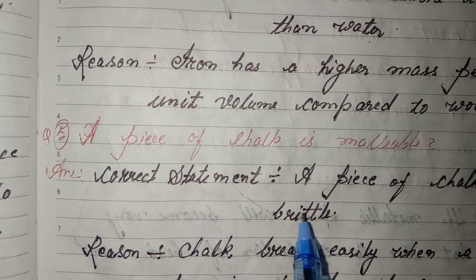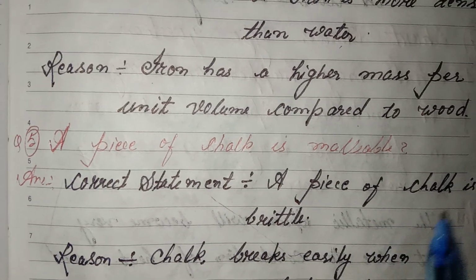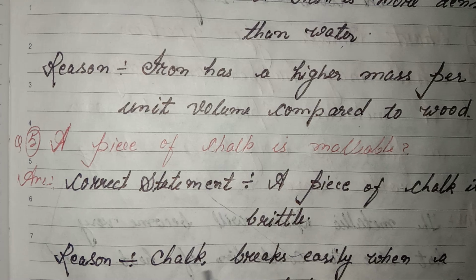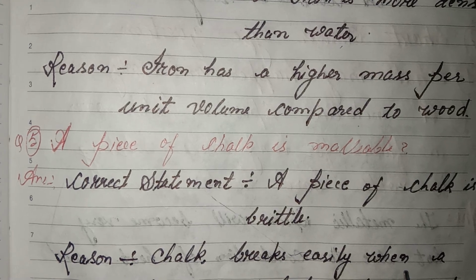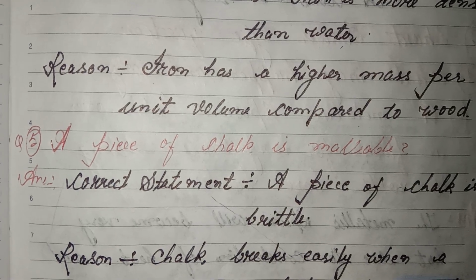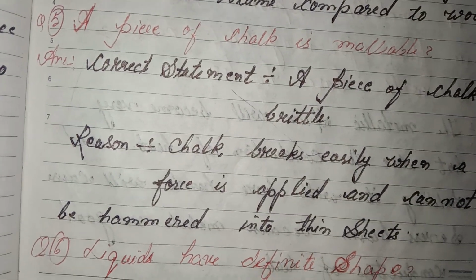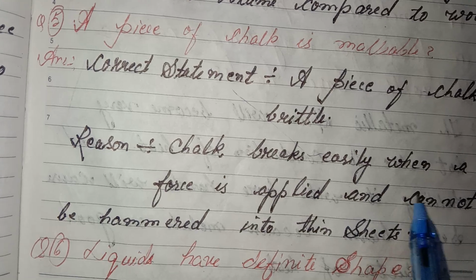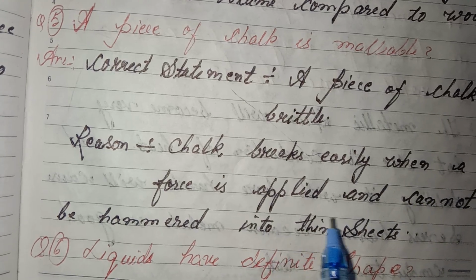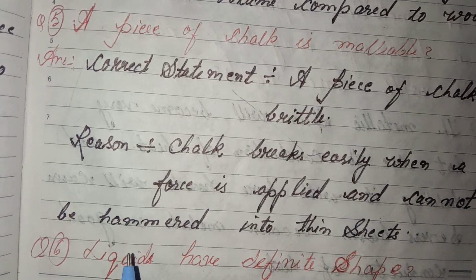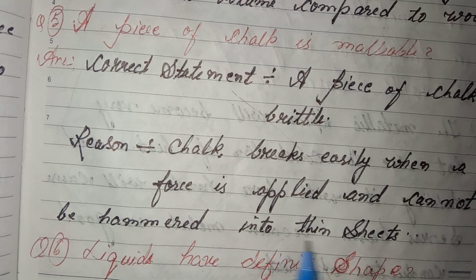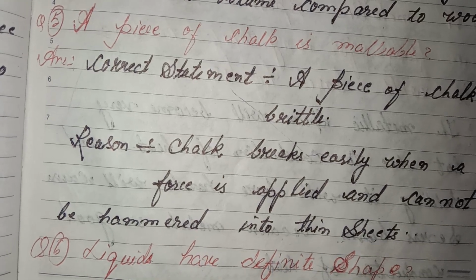Correct statement: a piece of chalk is brittle. Reason: chalk breaks easily when a force is applied and cannot be hammered into thin sheets.